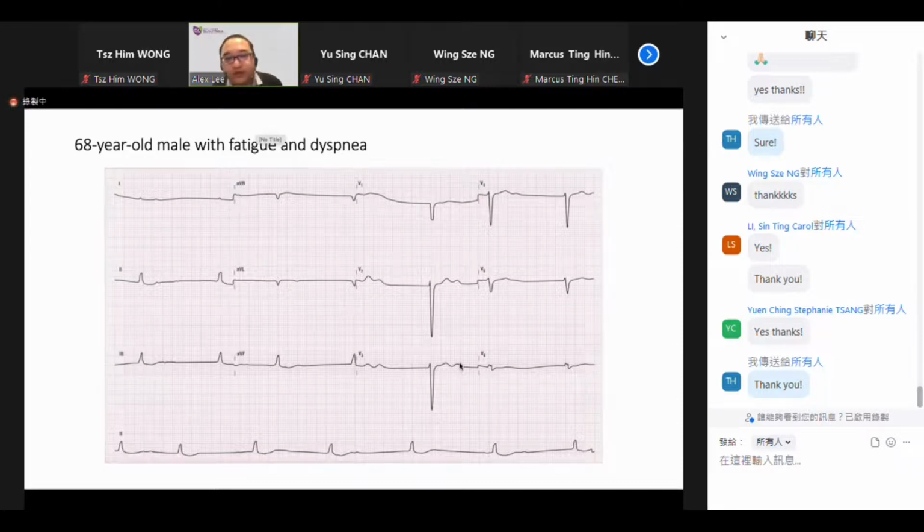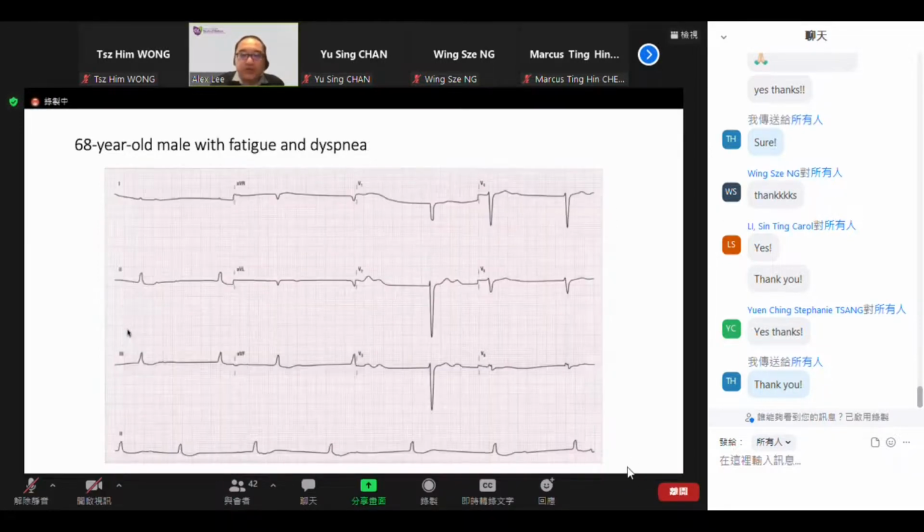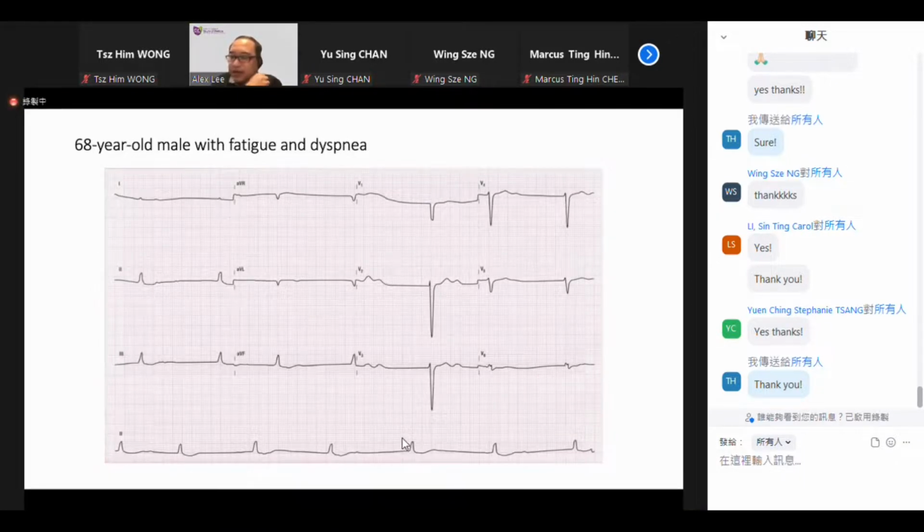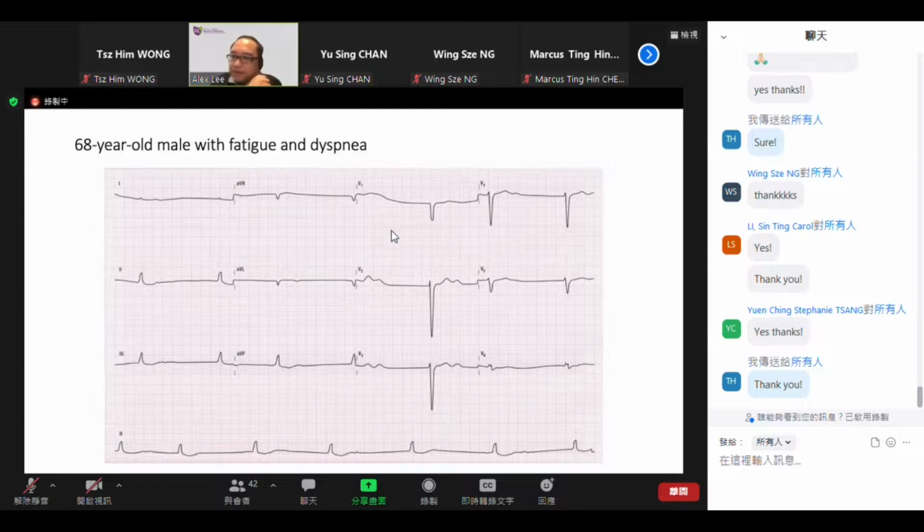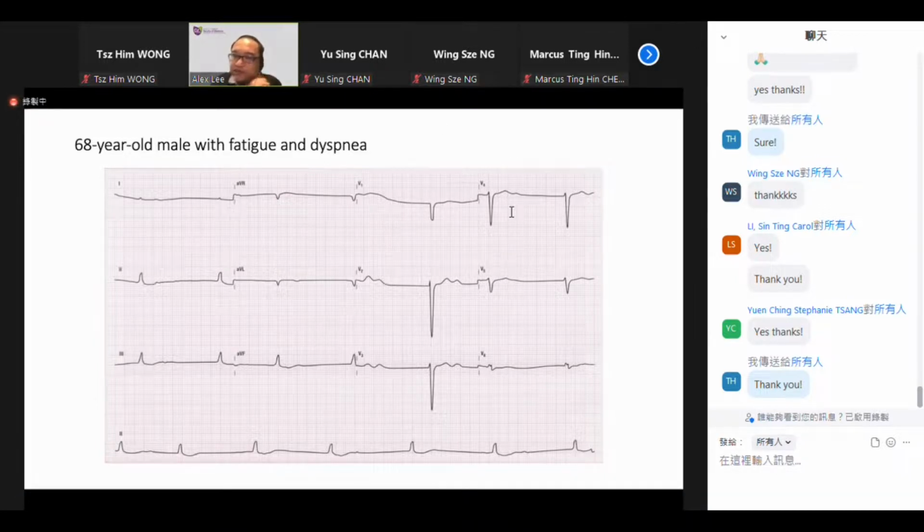So what are the differential diagnoses of U wave? It could be hypokalemia. It could also be digoxin-induced. Very good. What electrolyte disturbance can give you a U wave apart from potassium?